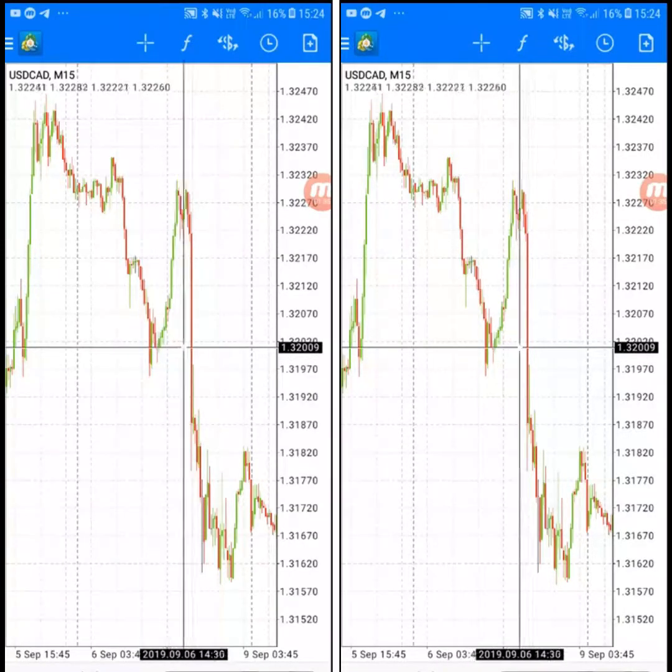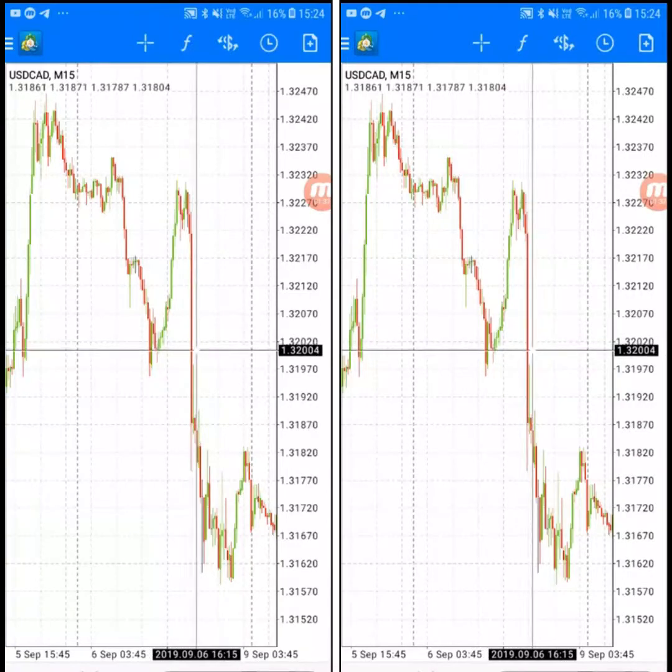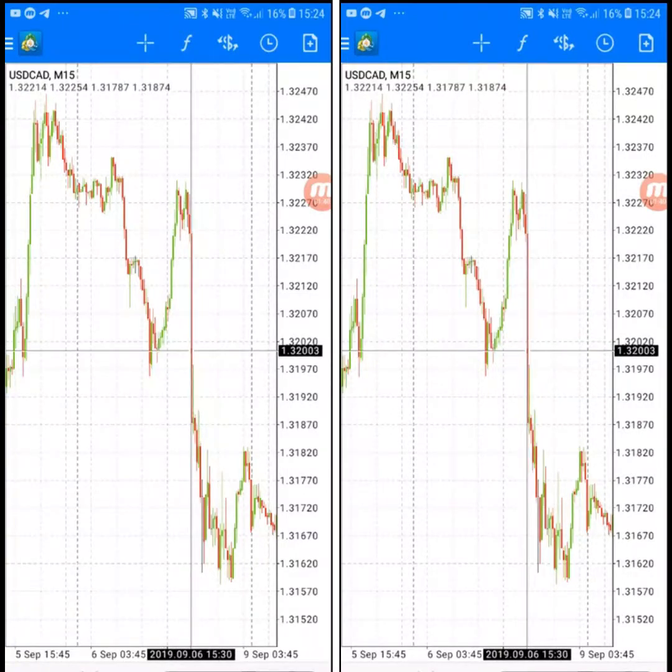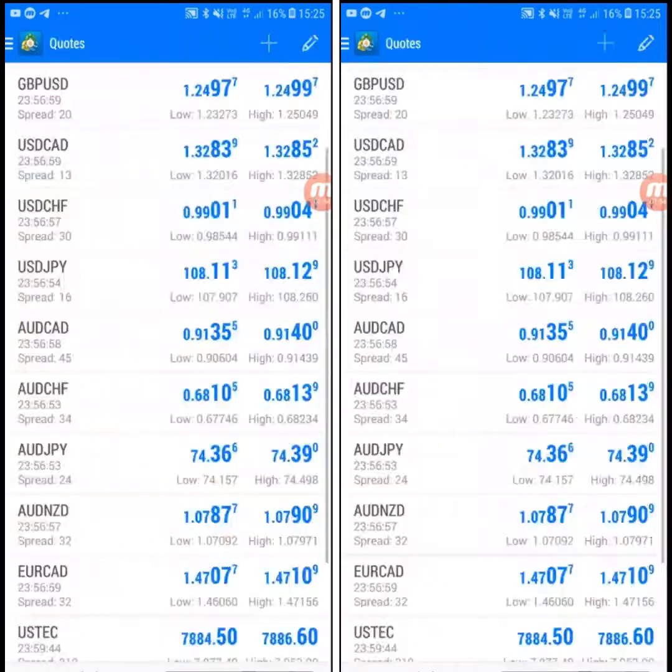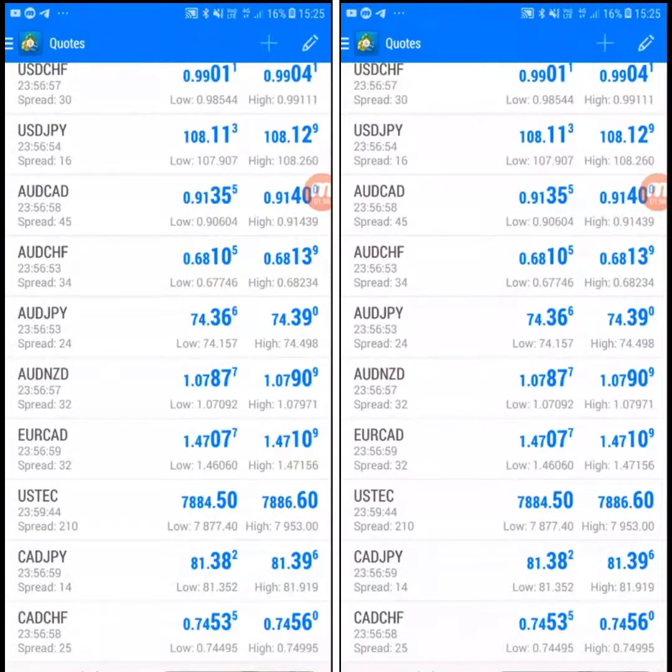Check the date and the time. Then let's go to CAD JPY. This was employment change.